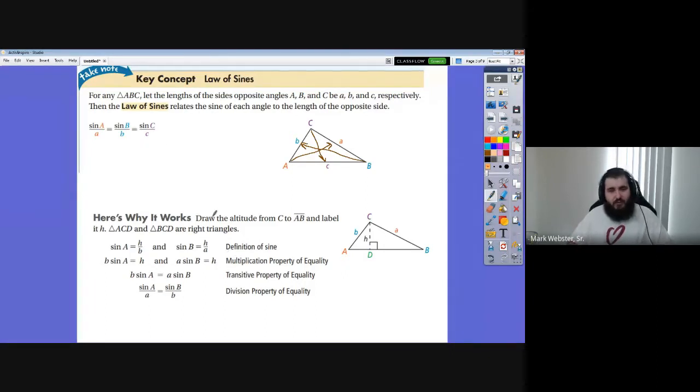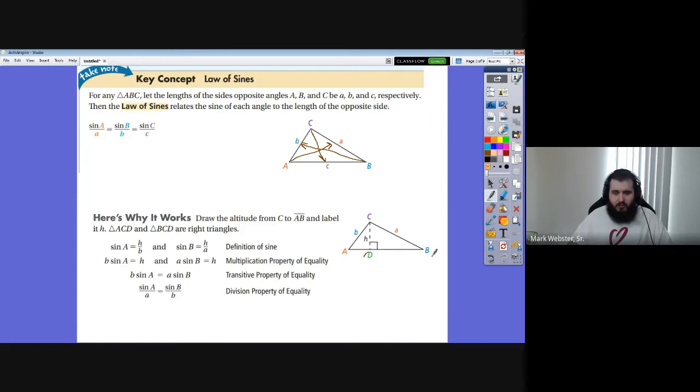Now, what they did here, and again, I'm glad that they did this because they didn't used to, and it was annoying to me because this is not magic. Again, it's not magic. Why is it that this is true? Well, they've got the little proof of it right here. Now, if you look at the sine of angle A right here, if we drop this line down to make right angles, then the sine is opposite over our hypotenuse, right?